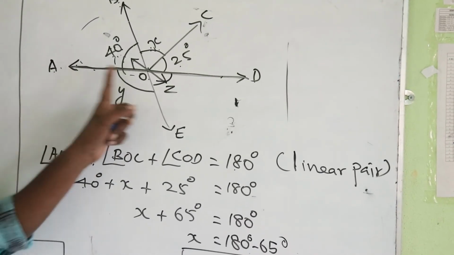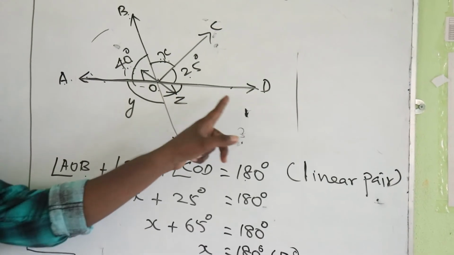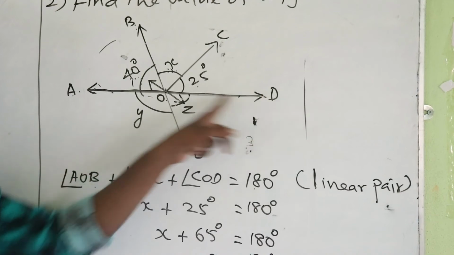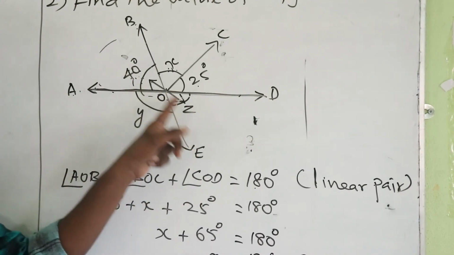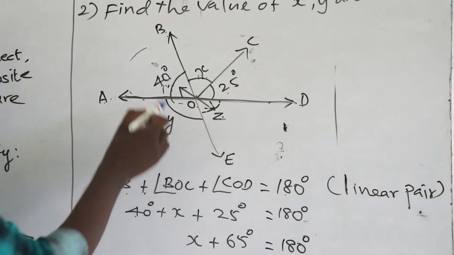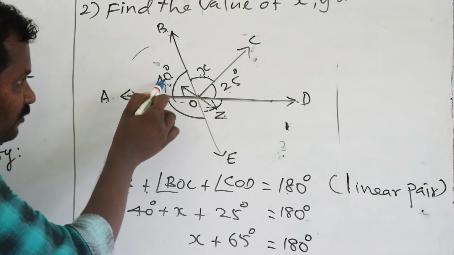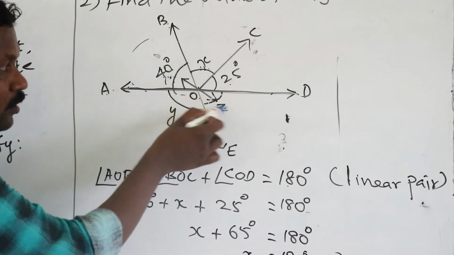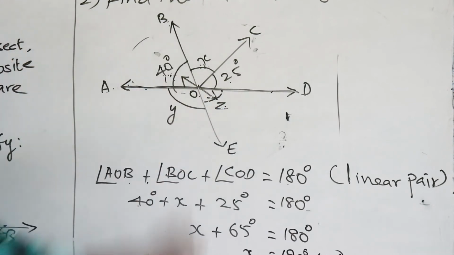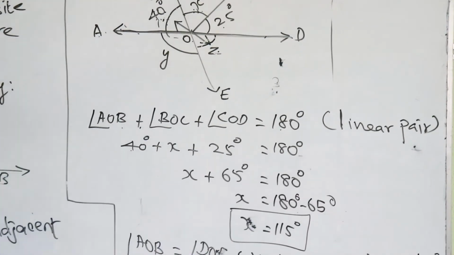AOB is 40 degrees, so its opposite angle, the value of Z, is also 40 degrees. So Z equals 40 degrees.